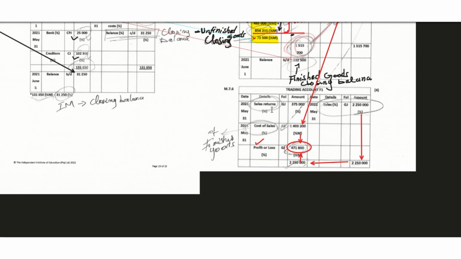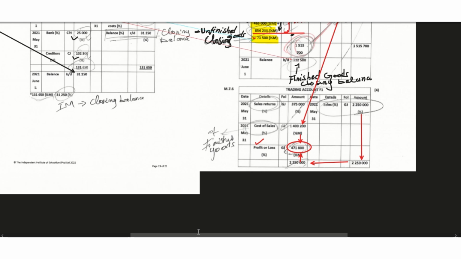So we have the sales returns, meaning that these are products that were returned to us, but they form part of our cost of sales, right? But they were returned to us, okay? And then we do have the sales that was provided to us.